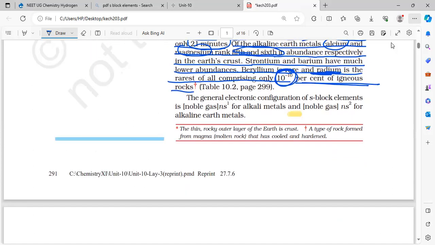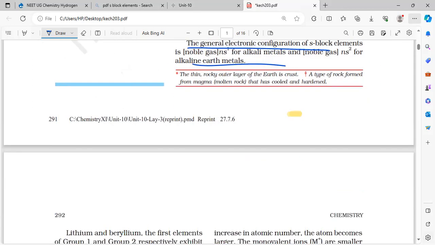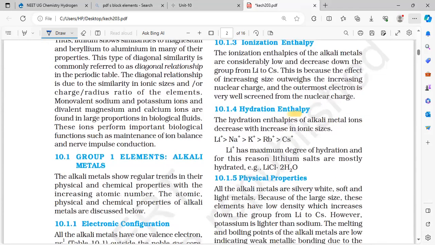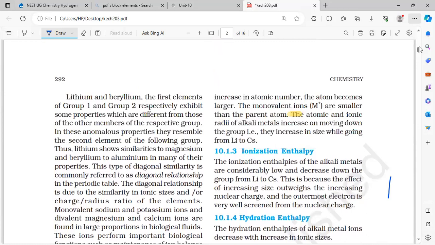Here, see the general electronic configuration, we already studied this one. Lithium and beryllium, the first elements of group 1 and group 2 respectively, exhibit some properties which are different from those of the other members of their respective groups. These are anomalous properties.